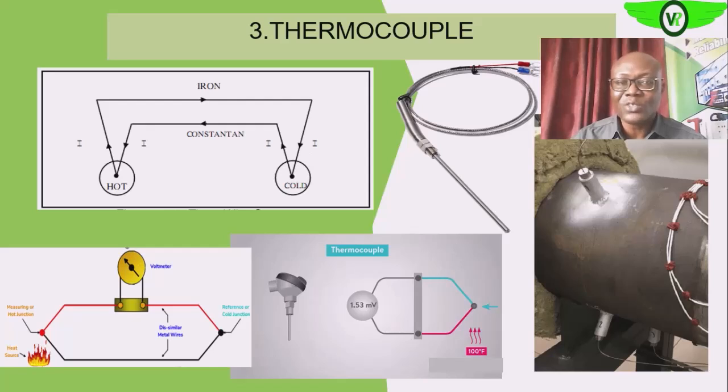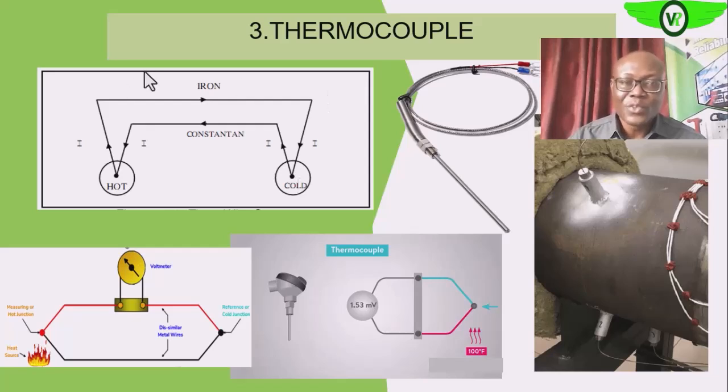The magnitude of these electrons that flow is dependent on the difference between the temperature of both ends. So the greater the difference, the greater the charge that will flow through the thermocouple.